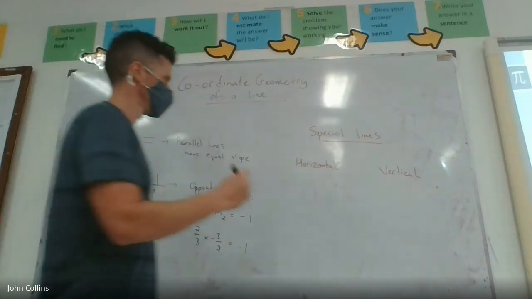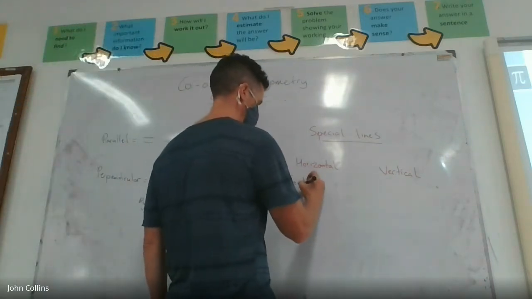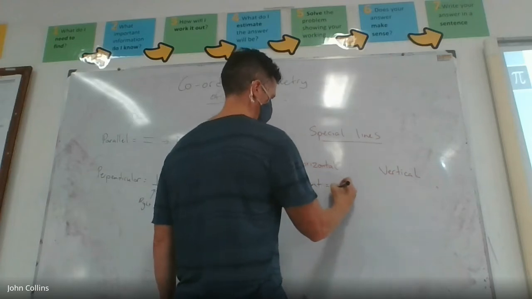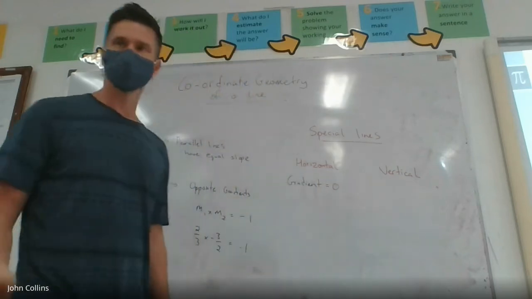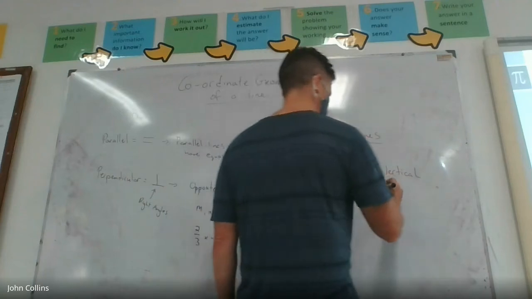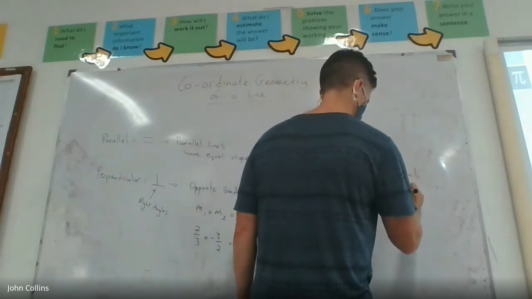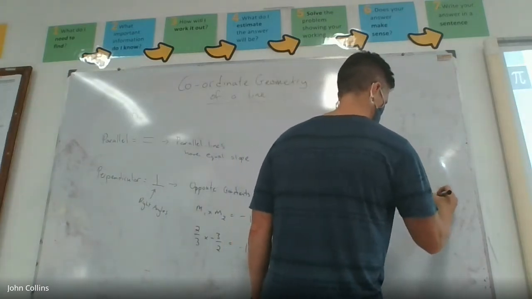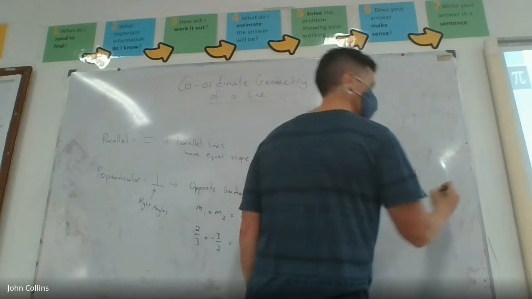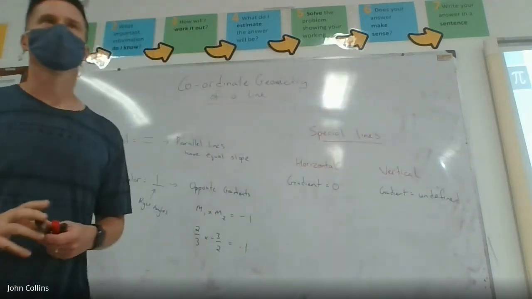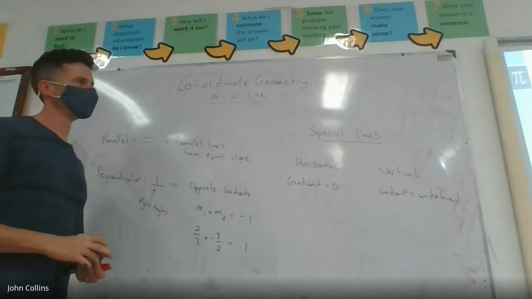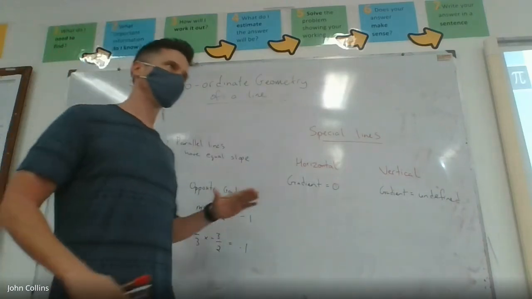It's gradient 0. Gradient equals 0. A vertical line is undefined. Why the difference? And we talked about this. It's all about the run.